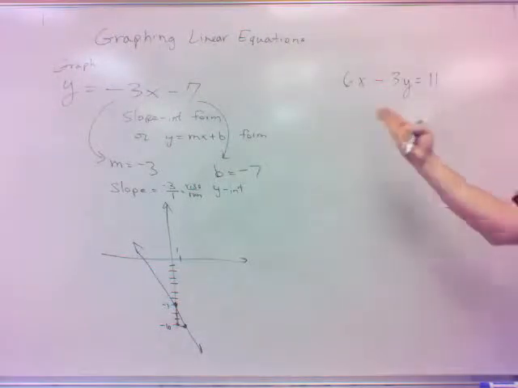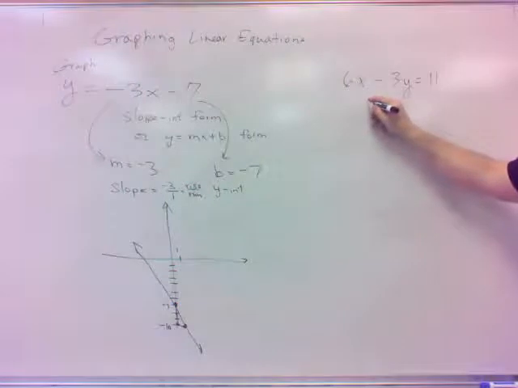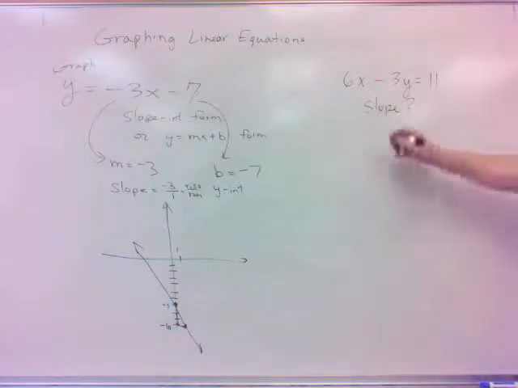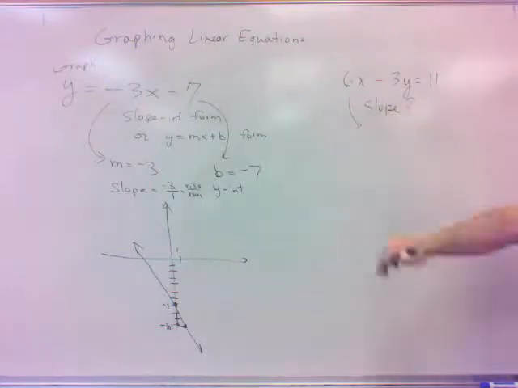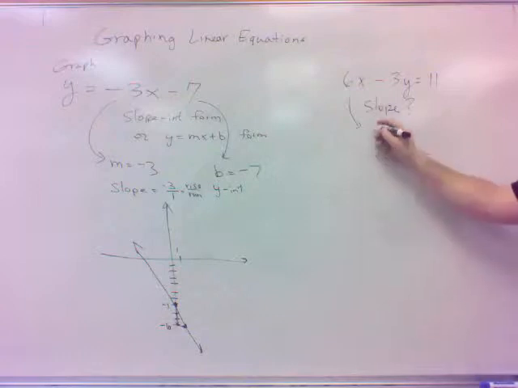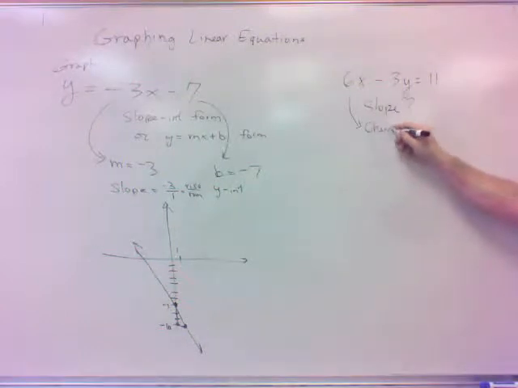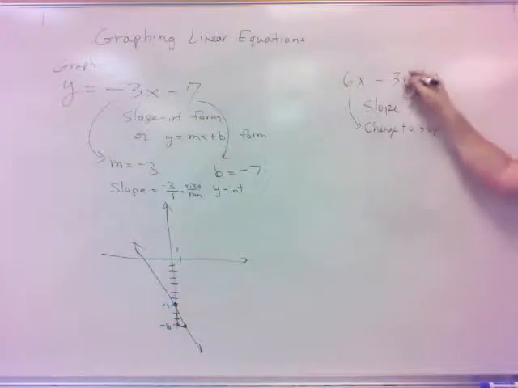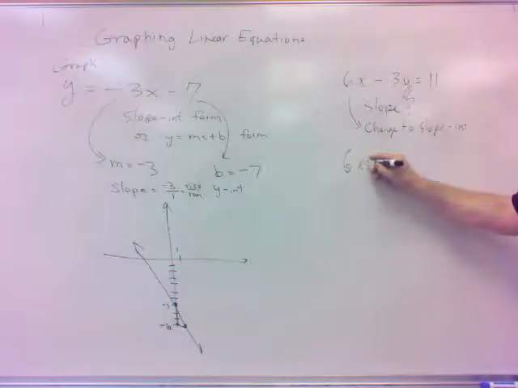On a related note, what if I wanted to determine the slope from that form? There's a couple ways I could do that, but probably the easiest way would be to change it to the slope-intercept form. I would do that by getting the y on a side by itself.